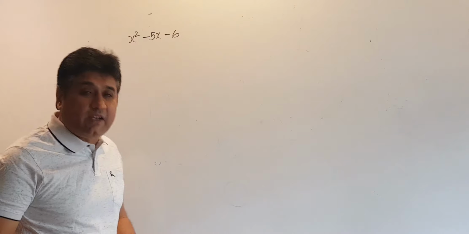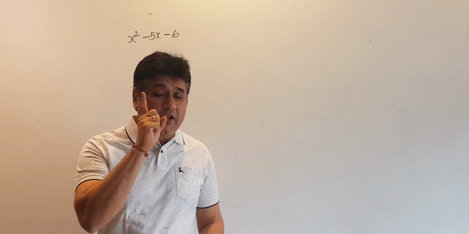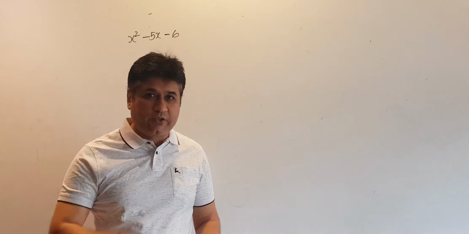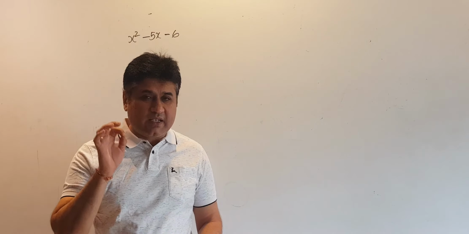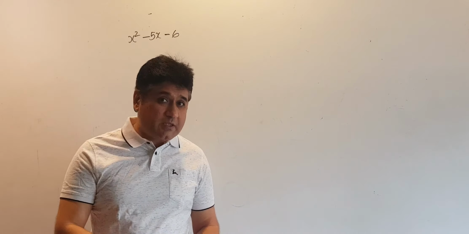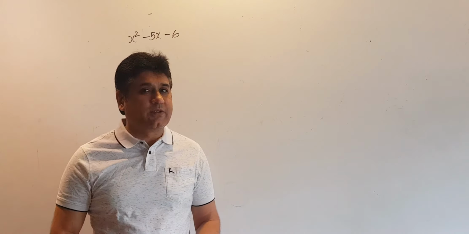X square minus 5x minus 6. Friends, it's your test. Okay, I'm assigning you 2 to 3 minutes. Please do it right now. Alright, x square minus 5x minus 6. You have to find the zeros of this polynomial and you have to verify also. Good luck.